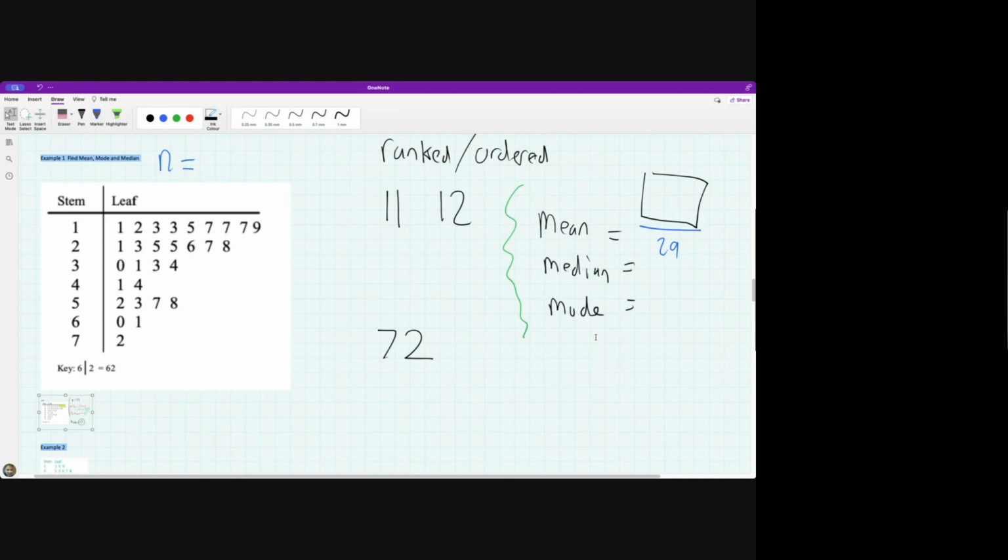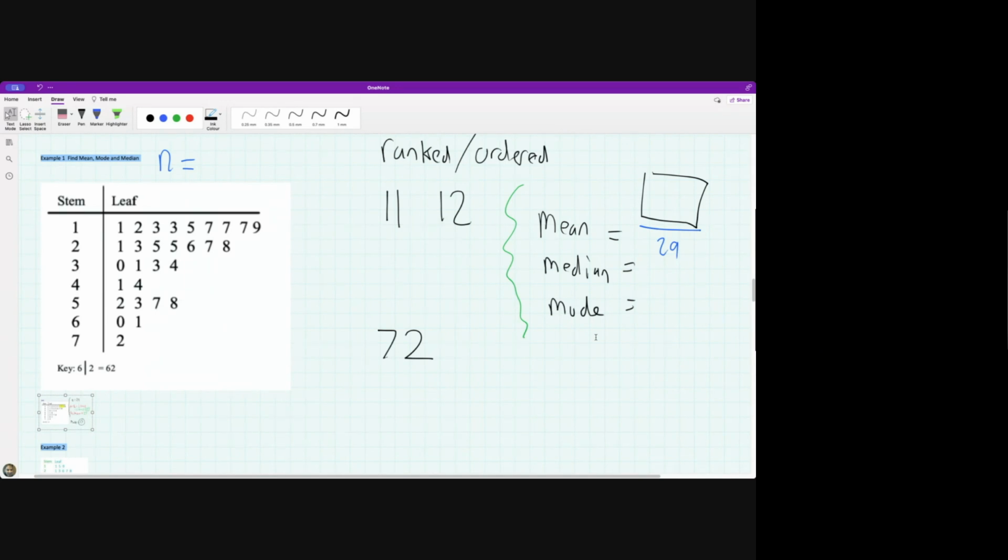11 plus 12 plus 13 plus 13 plus 15 plus 17 times 3 plus 19 plus 21 plus 23 plus 25 times 2 plus 27 plus 28 plus 30 plus 31 plus 34 plus 41 plus 44 plus 52, 53 plus 57 plus 58 plus 60 plus 61 plus 72.